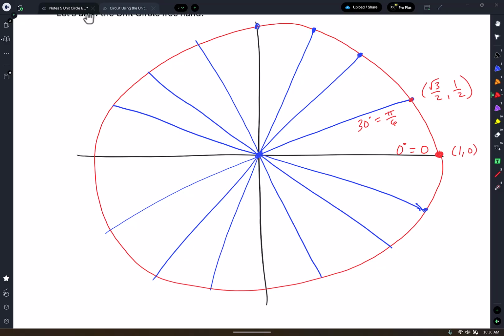So the y value is getting bigger. It keeps getting bigger until you hit the 45 degrees. At the 45 degrees, x and y coordinates have the same magnitude. And after I pass the 45 degrees, which one gets smaller, which one gets bigger? Y gets bigger, x gets smaller. That's a pattern for the whole first quadrant.